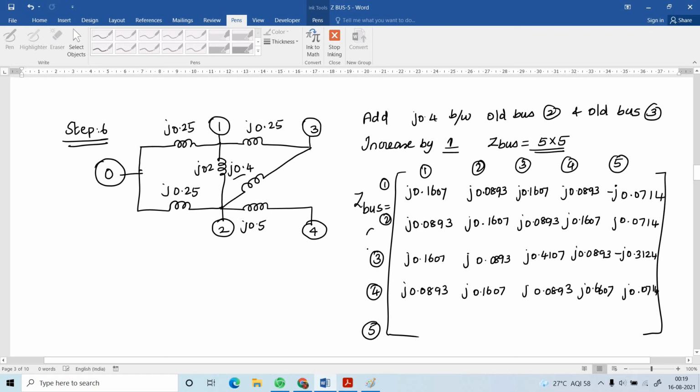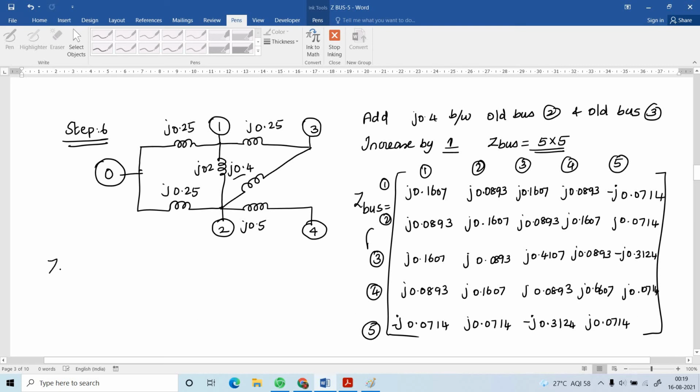Here also the same thing, 2 minus 3, minus J0.0714, J0.0714, J0.3124, J0.0714.